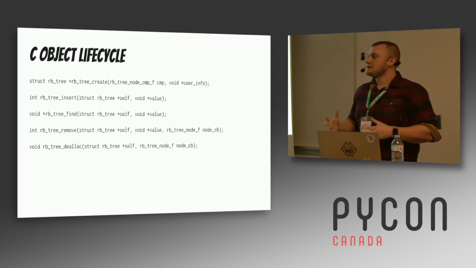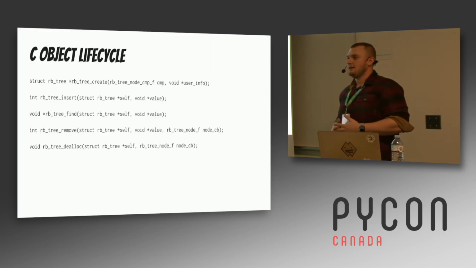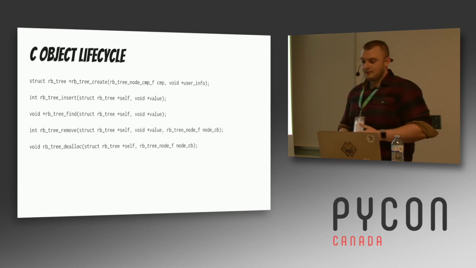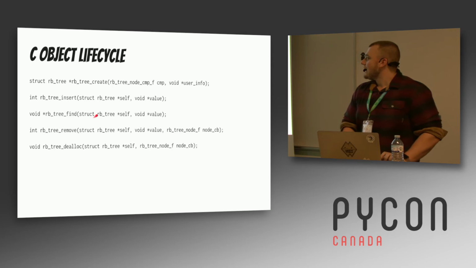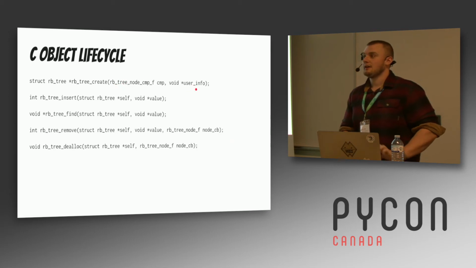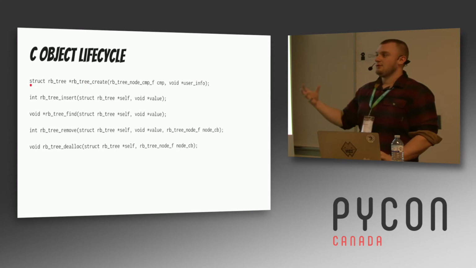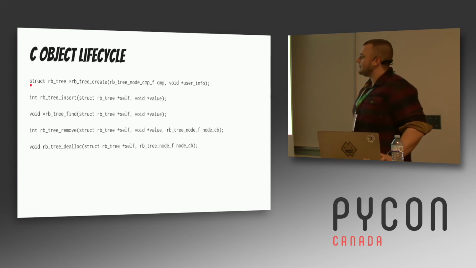There's a typical pattern in C for data structures. You'll have creation functions that take some arguments. Often they'll take some user-provided opaque pointer, and they'll build a pointer to the struct that represents the data structure itself.